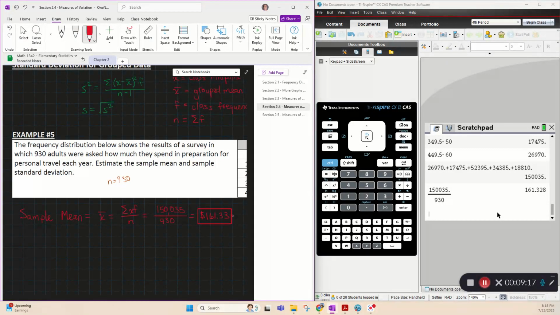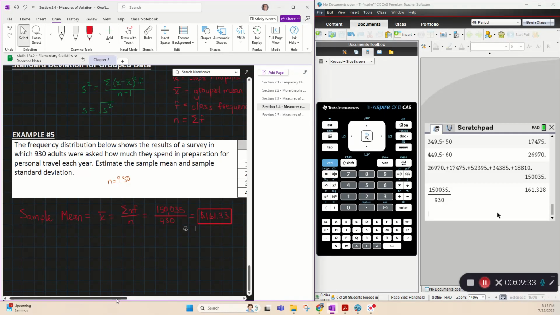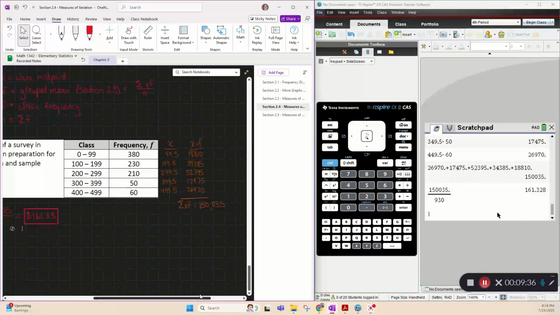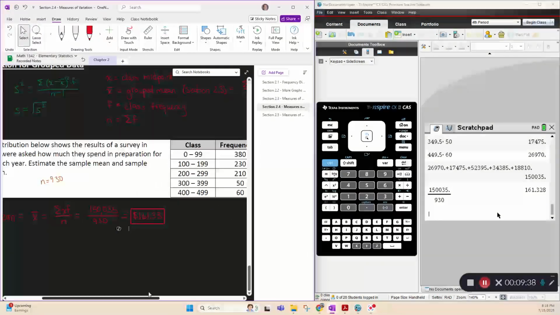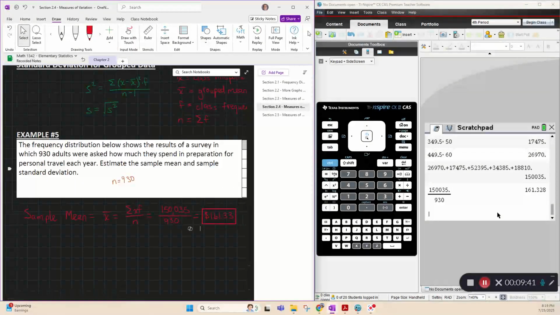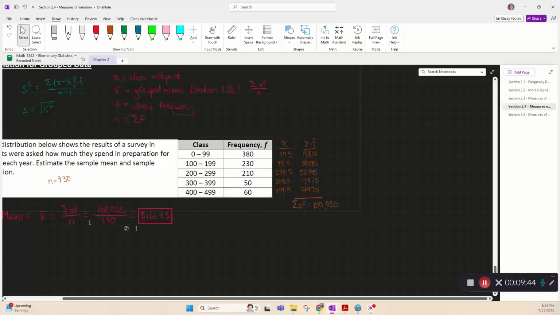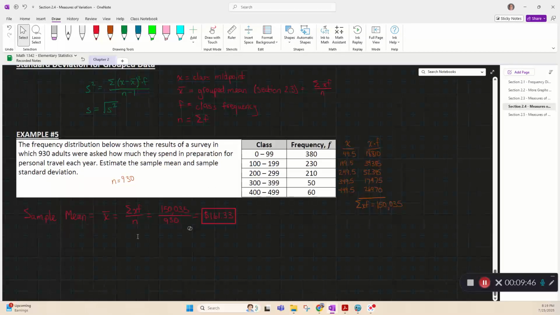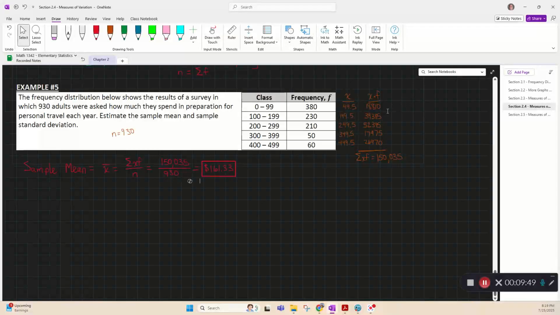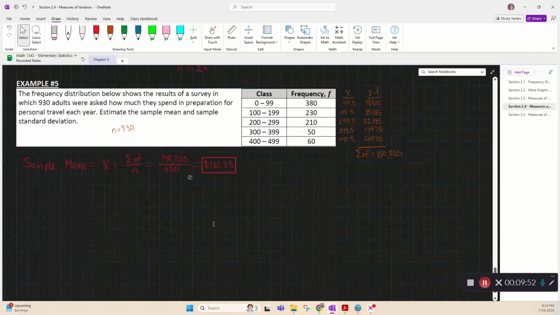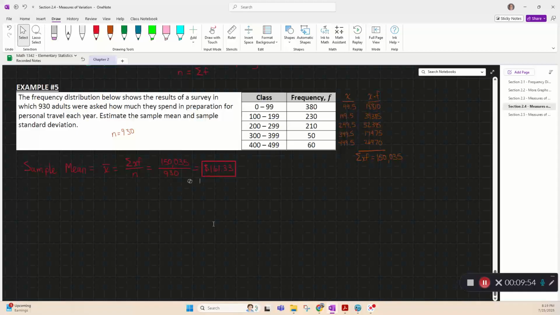Now we need to estimate the sample standard deviation. This is the one that's going to take a good bit of work because you have to remember we have to do x minus the mean each and every time, square that, and times it by the frequency. So I'm going to put my calculator to the side and set up a table that can help us do that rather than growing this one out here.